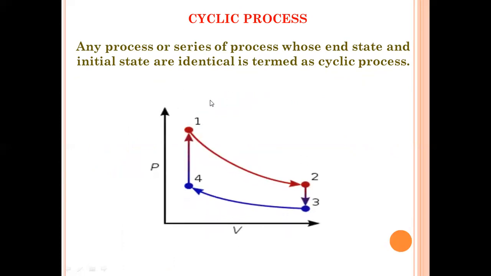This is how we can plot the cycle for any thermodynamic system. When a thermodynamic system undergoes a series of processes like 1 to 2, 2 to 3, 3 to 4 and 4 to 1, and during this transformation the initial and final states become identical, then that process is called a cyclic process.